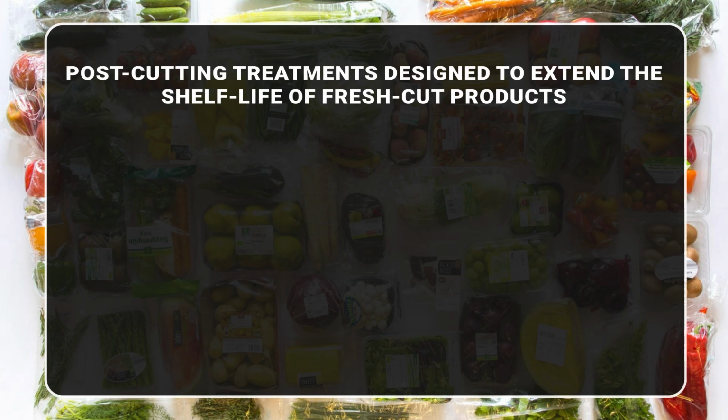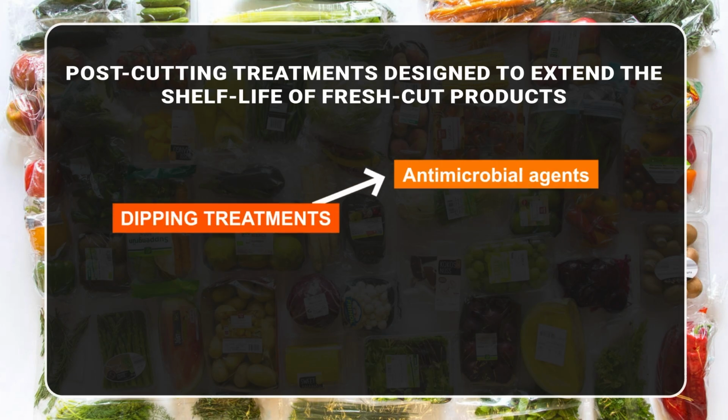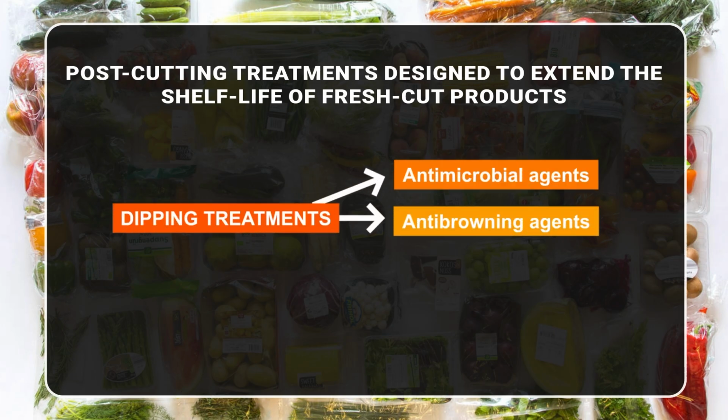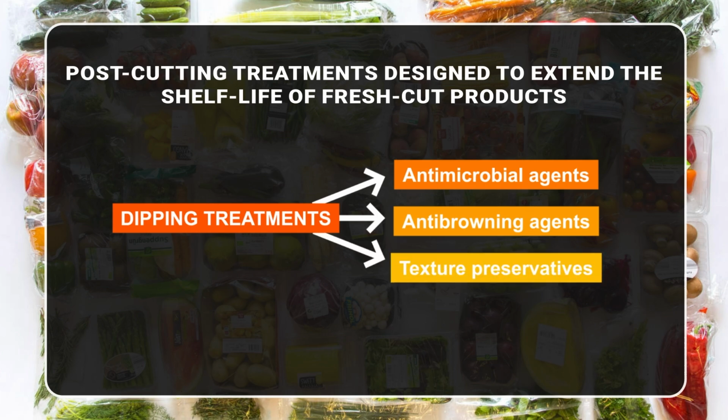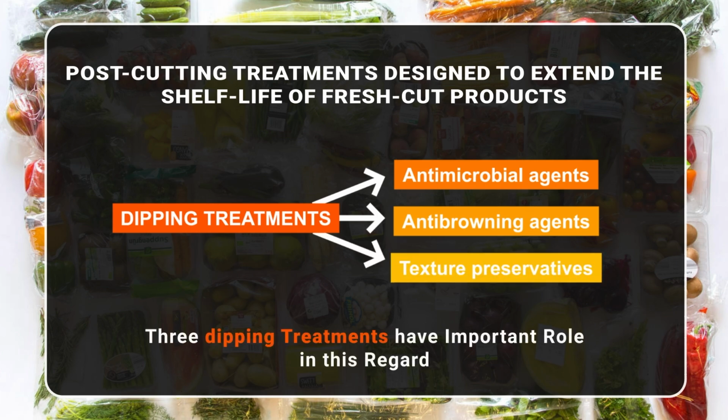So the most important intervention in terms of this processing is in the flow diagram which we referred to earlier. I have just truncated it and brought it in this figure. So what antimicrobial agent you are selecting, what anti-browning agents are being selected, or texture preservatives if they are there. Some firming agent can also be applied for keeping the texture firm.